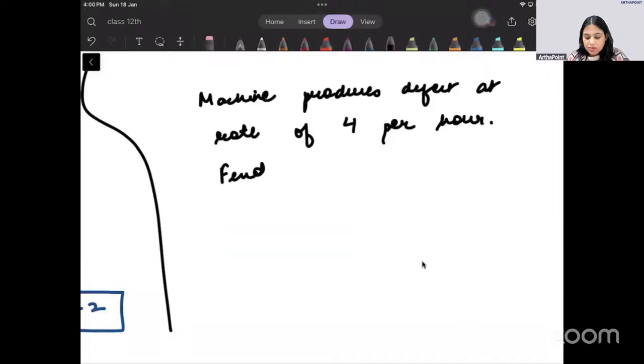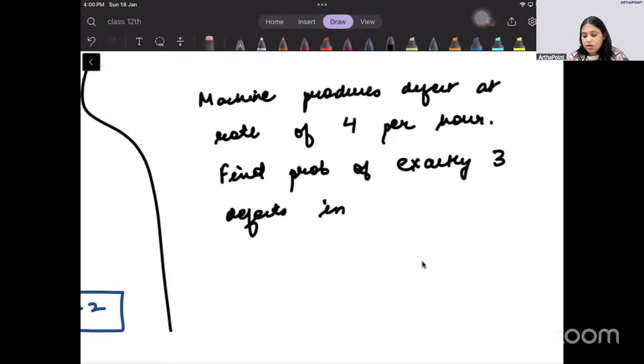Find probability of exactly 3 defects in 30 minutes. Three defects in 30 minutes.